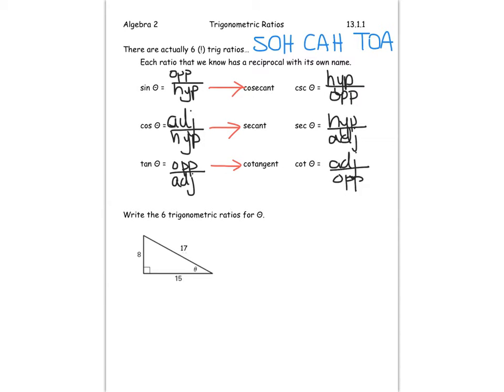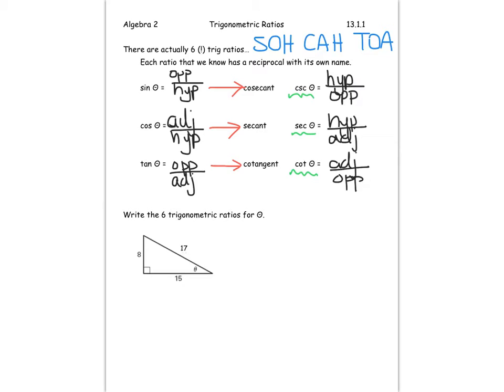And if you still remember SOHCAHTOA, that helps you set up the old 3, and you know to flip them over to make the new 3. Then all you have to remember new is the 3 names. That cosecant pairs up with sine, secant pairs up with cosine, and cotangent pairs up with tangent.